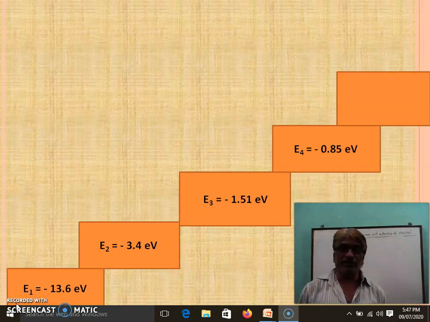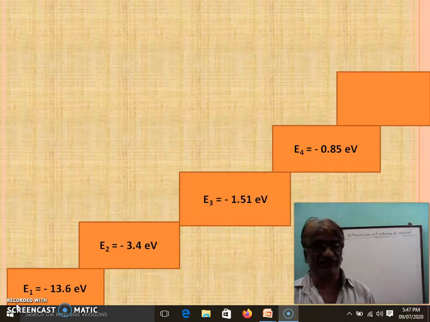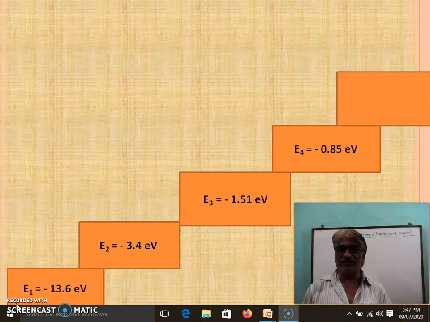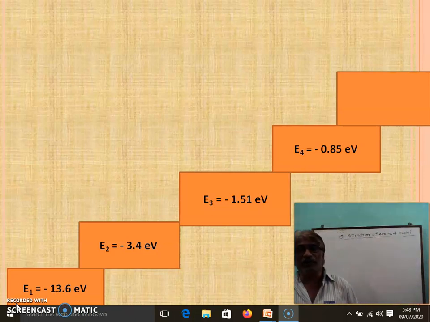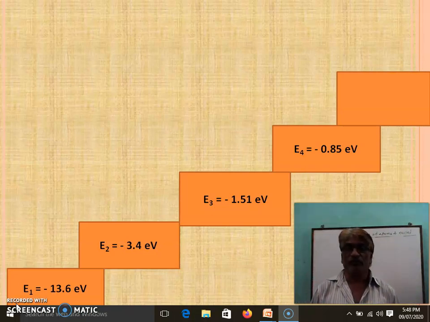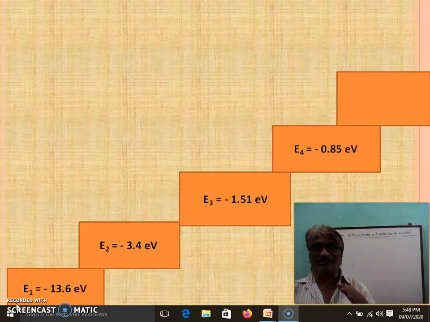If a question is asked, the energy of the electron in the first orbit is minus 13.6 electron volt, what will be the energy of the electron in the next 3 lines? When it is asked for the next 3 lines, it means for the second orbit, third orbit and fourth orbit, we can find the energy. So E4 upon E1 is equal to 1 upon 16 upon 1 upon 1.